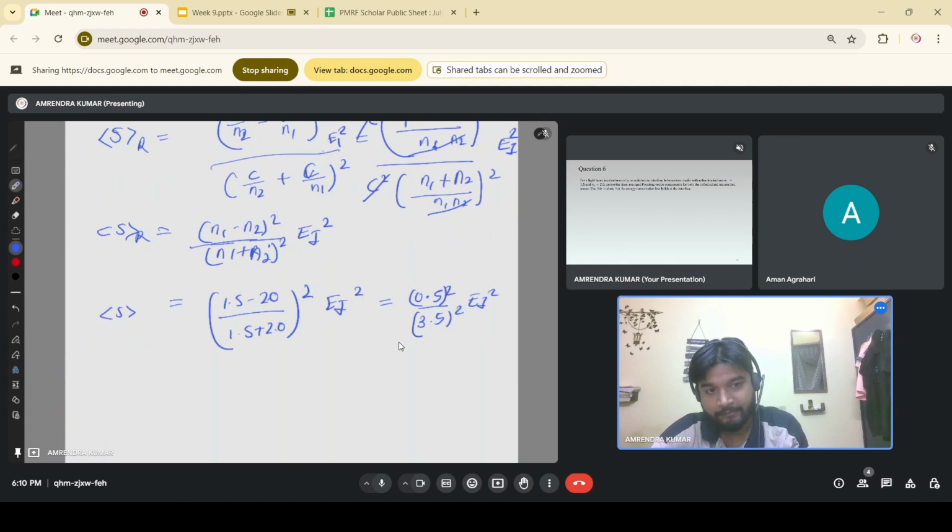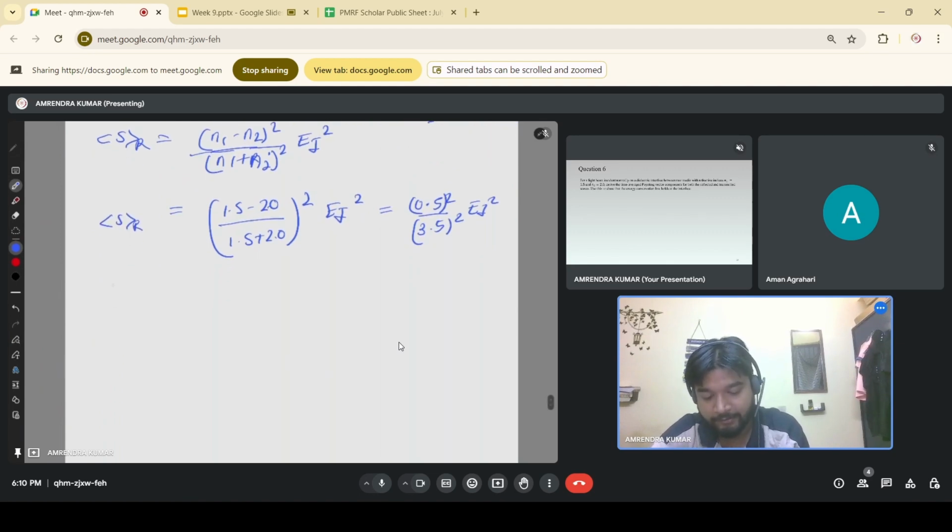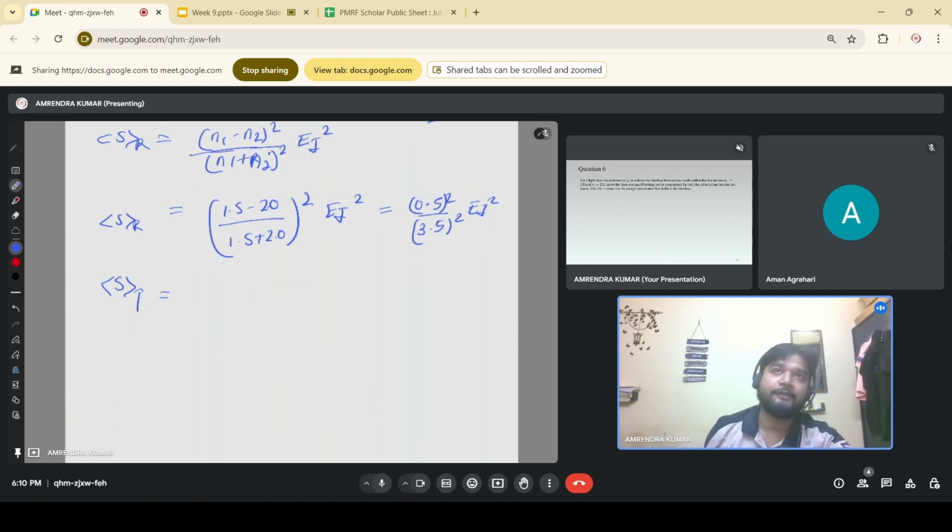And then we have the transmitted one, that is S_T, given in terms of the refractive index. We can substitute it and check what it can be.